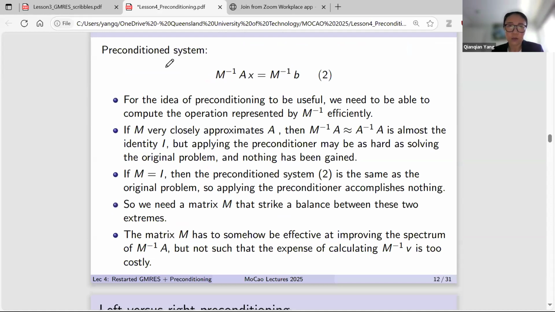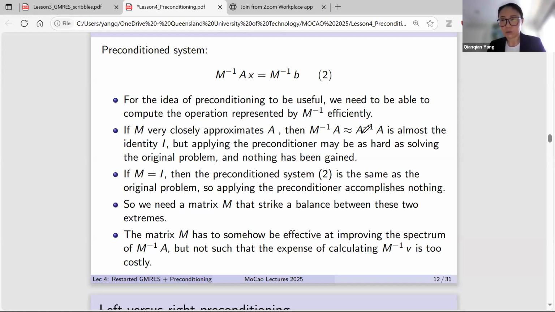Okay, let's take another look at our preconditioned system. For this idea to be useful, we need to be able to compute the operation represented by M inverse efficiently. So let's think about how to choose my preconditioner. If M very closely approximates A, then M inverse A is roughly like A inverse times A, so it's almost the identity matrix. But if M inverse is too close to A inverse, applying this preconditioner may be as hard as solving the original problem, so nothing has been gained.